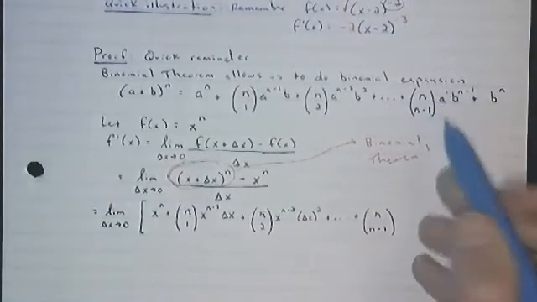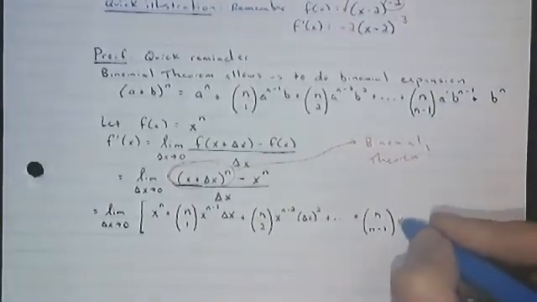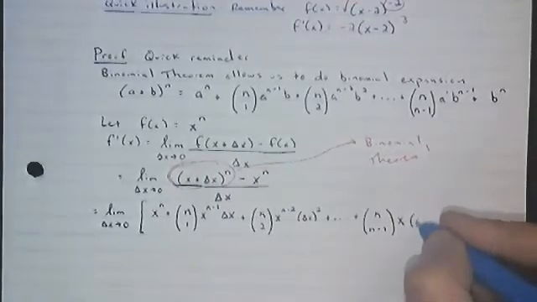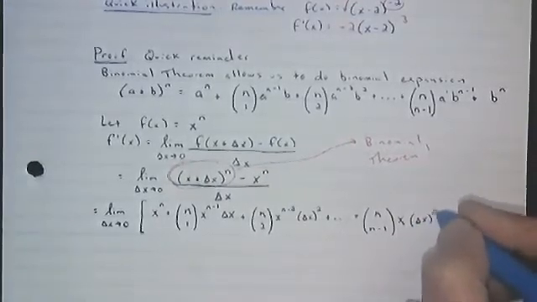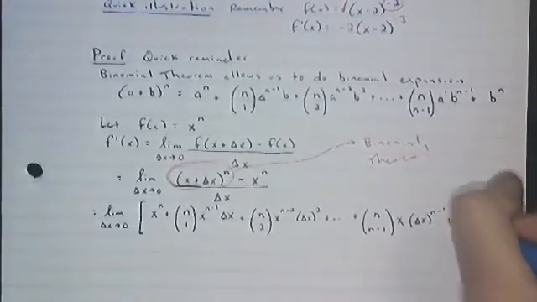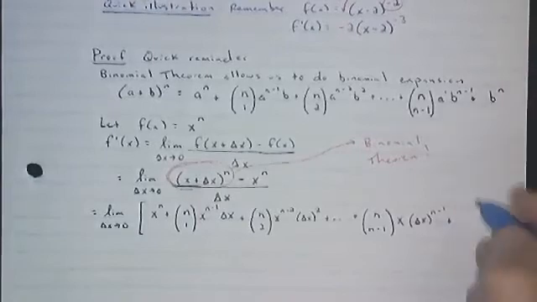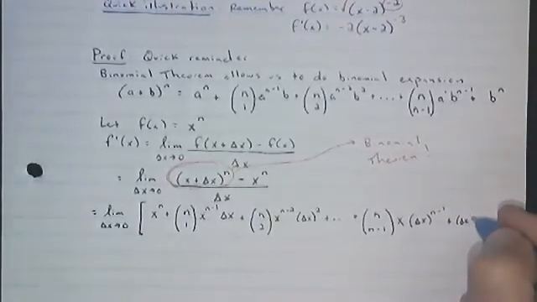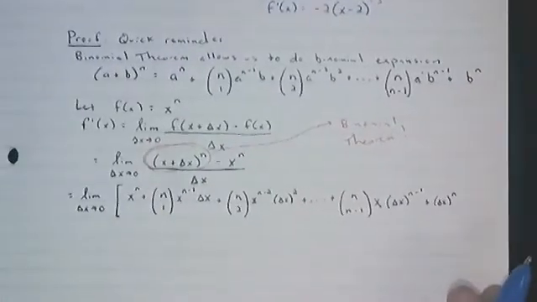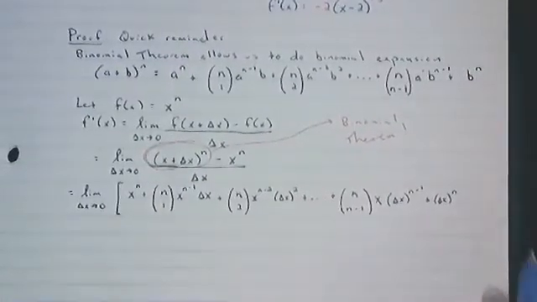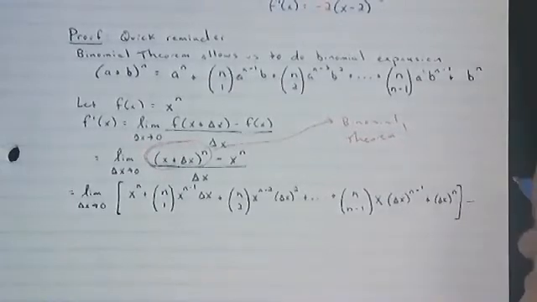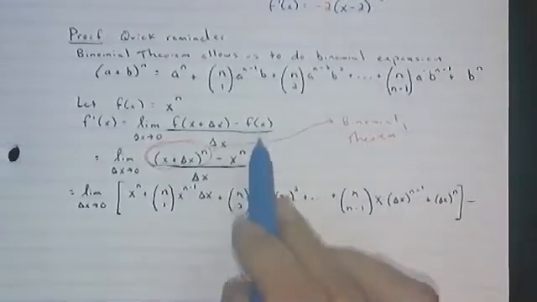We're going to have a to the first, so x times b to the n minus 1, delta x to the n minus 1, plus b to the n, delta x to the n, and then the part we really can't forget here is that this is all subtracted by x to the n.